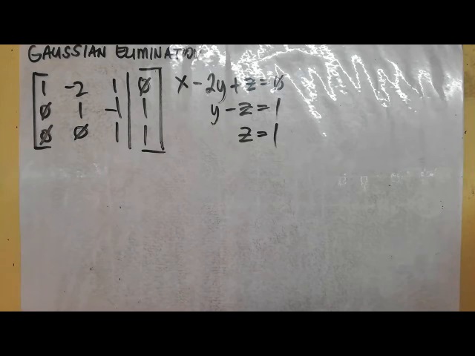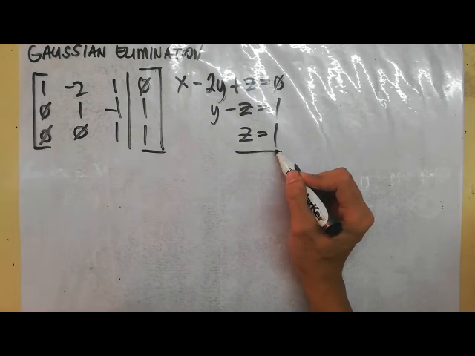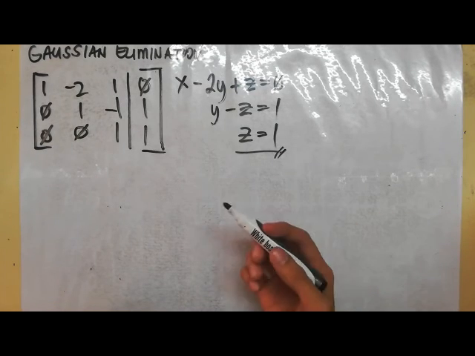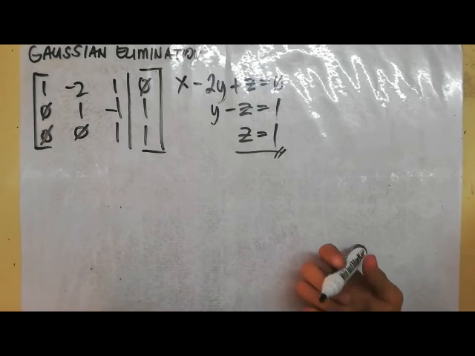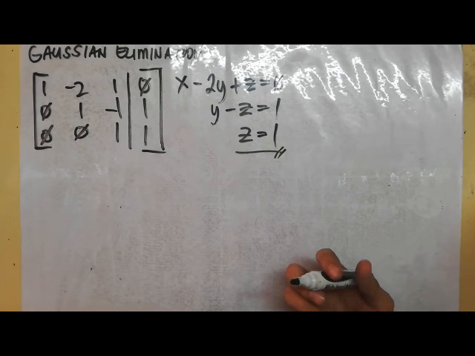Since we have this value for z, we can get the values for y and x by performing the back substitution.